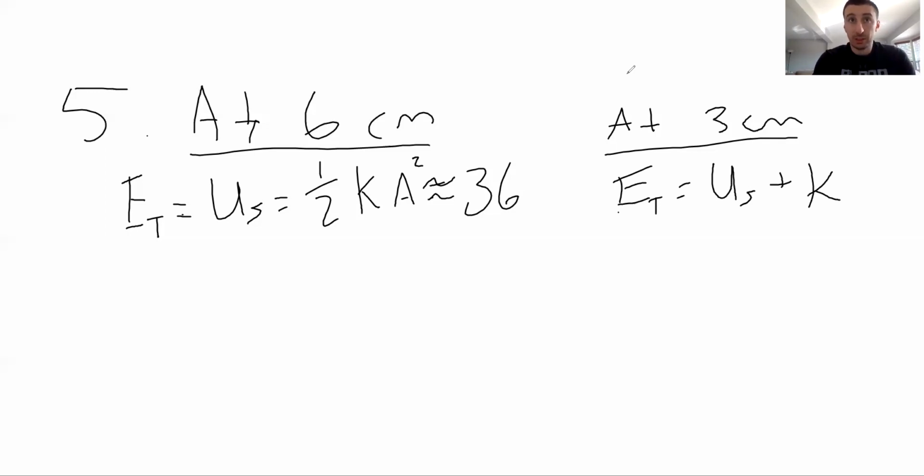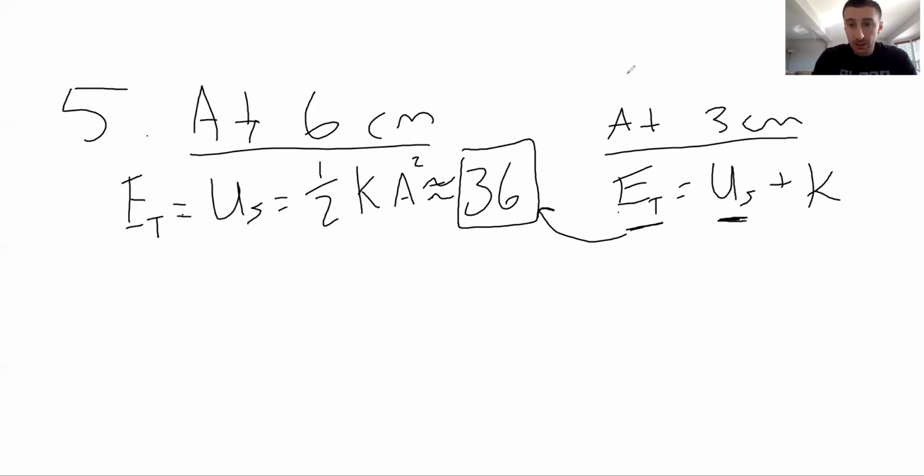It's going to be moving, backwards or it doesn't matter which way because it's harmonic motion. But here's the key: I now know that the total is 36. What I can do is, if I can find how much potential energy it has at 3 centimeters, then because I know the energy total, I can find how much kinetic energy there is, and I can compare the ratio once I do that.